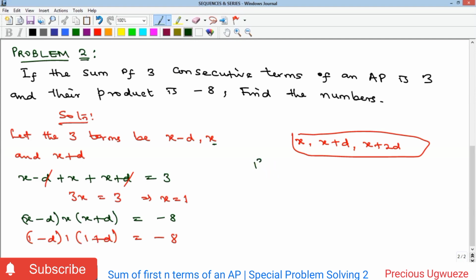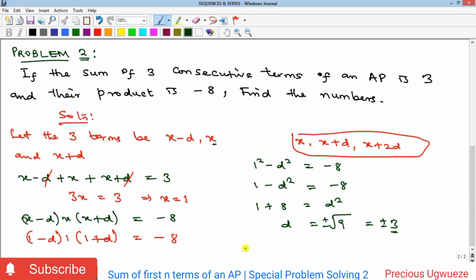So you're going to have 1 squared minus d squared, and that is equal to -8. You know 1 squared is 1, so 1 minus d squared is equal to -8. So 1 plus 8 is equal to d squared. And so d is plus or minus the square root of 9, which is going to give us plus or minus 3.